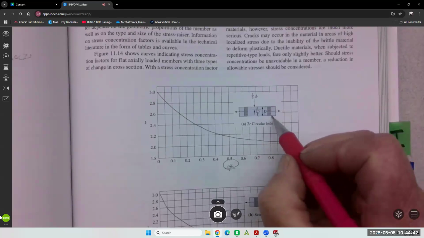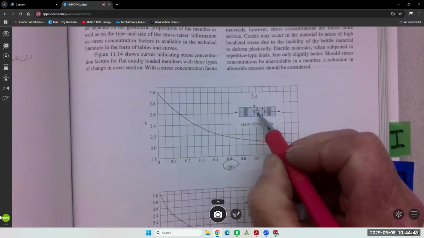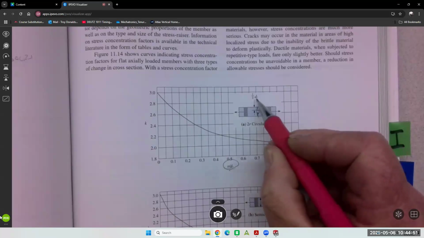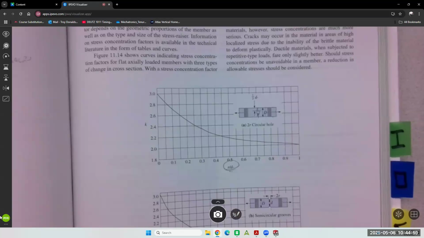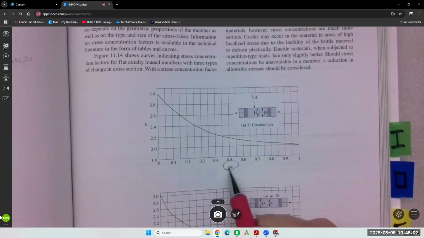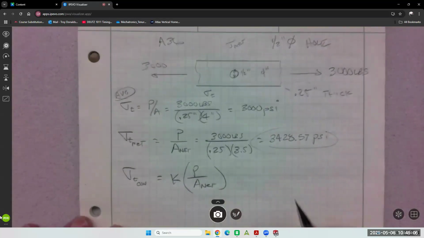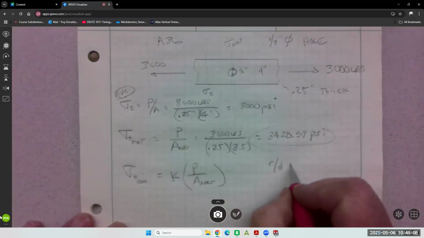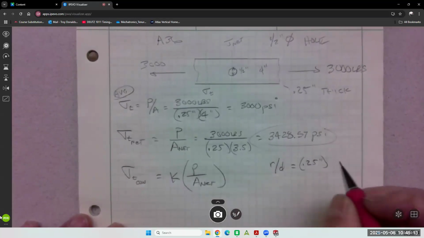So we have 4 inches and we're taking away a half. So our d is what? 3.5, yeah. So just think about it as the distance of the material that's left over, right? And then this is the radius, R to D. So for us, R to D is, radius is 0.25 inches, right?